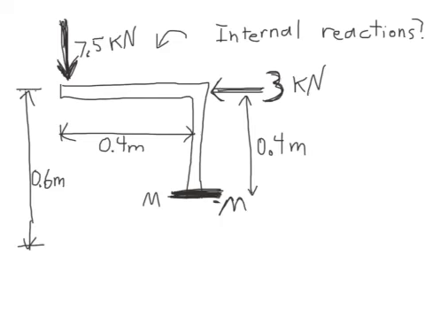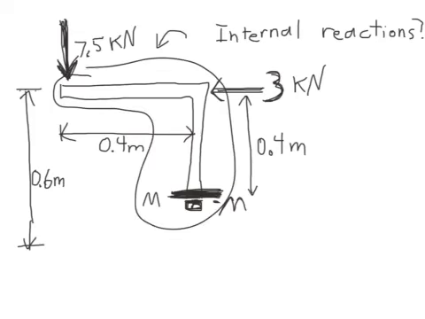So when we're asked to find the internal moment, it's asking us, if this is a steel member, what is the moment being applied right here, right under where we cut, that keeps this whole member from rotating like that.